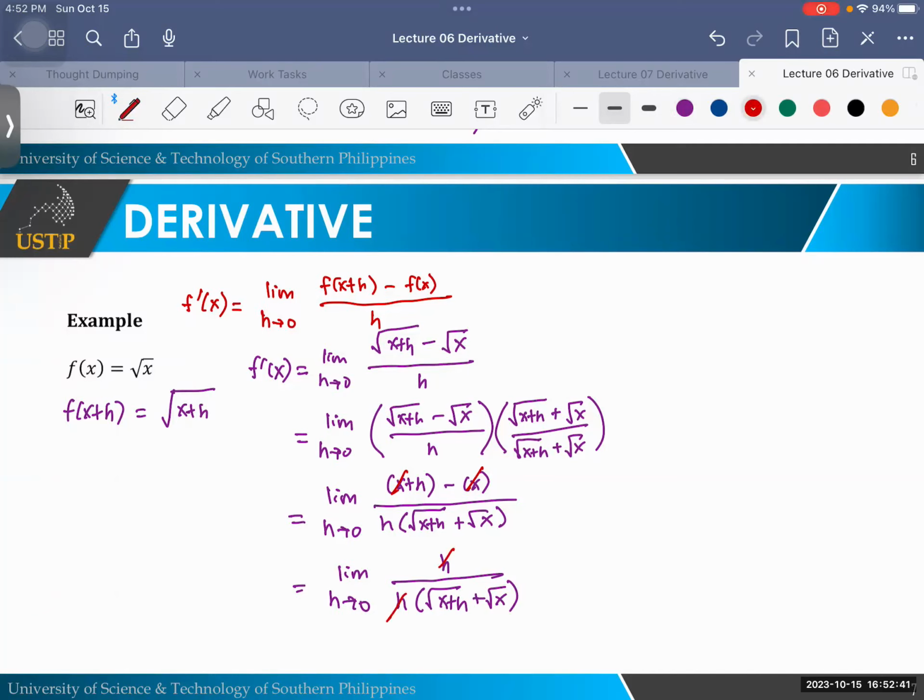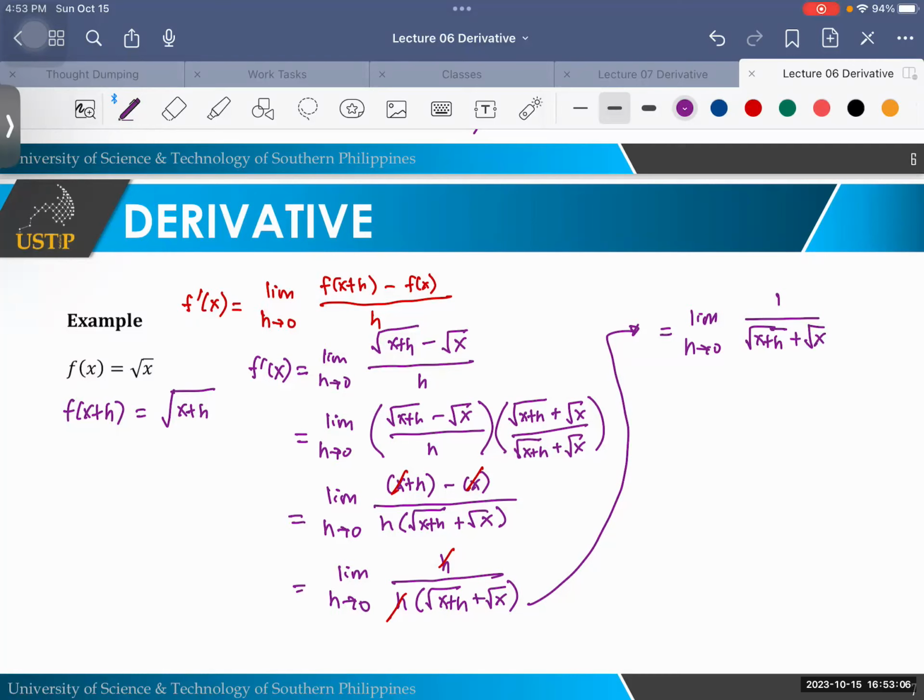So, this is easy now. Now, if the h is cancelled, what remains is the limit of 1 over square root of x plus h plus square root of x as h approaches 0.